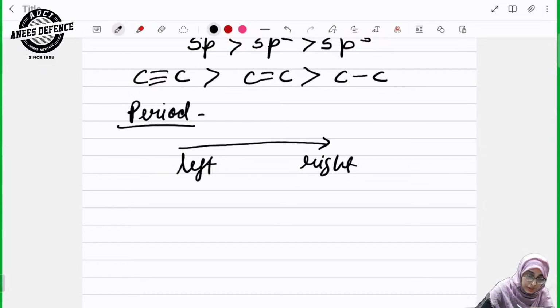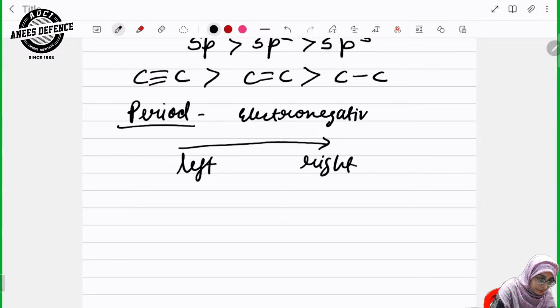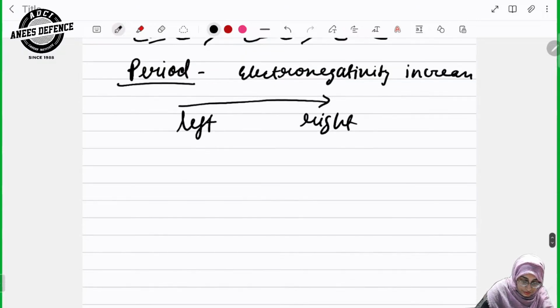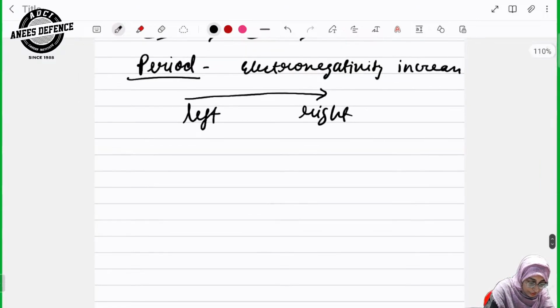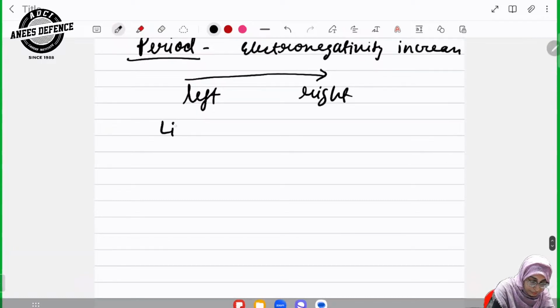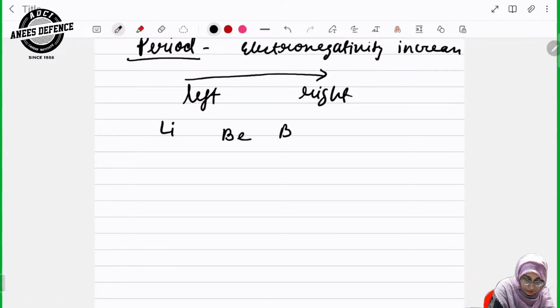So as we go from left to right, you'll see lithium, beryllium, boron, carbon, nitrogen, oxygen, and fluorine, its electronegativity goes on increasing.